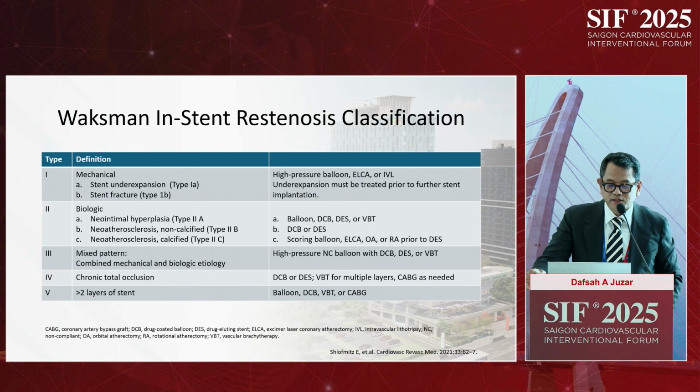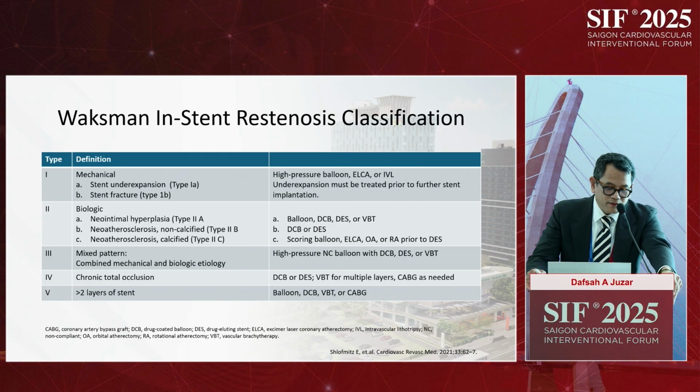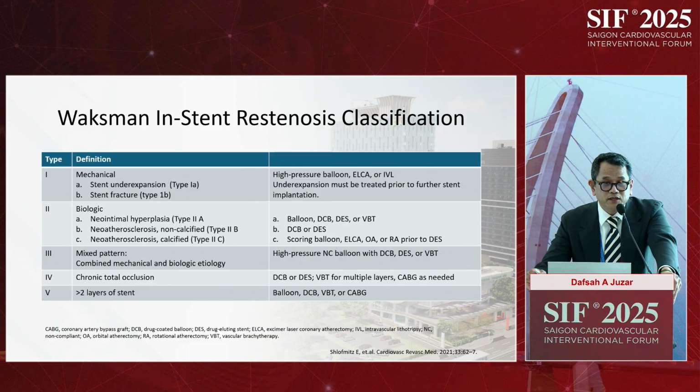For neoatherosclerosis, fix the neoatherosclerosis, dilate with maximal expansion, and then put a DES. And for mixed pattern, I think the high-pressure NC balloon and also either use DCB, DES, or brachytherapy.